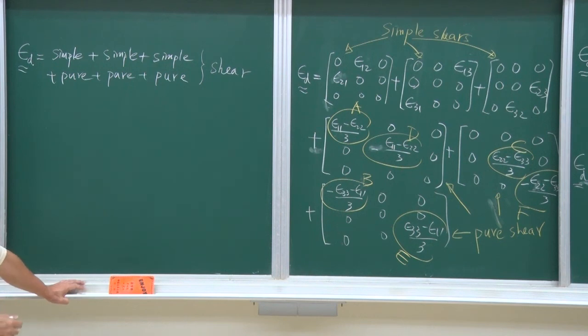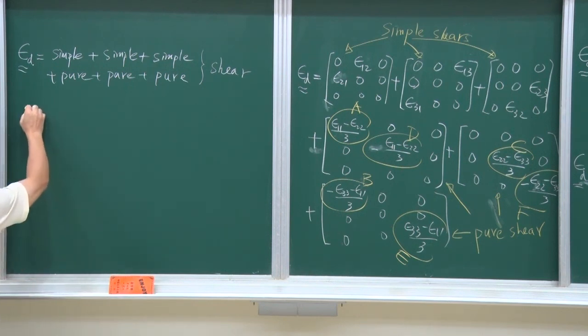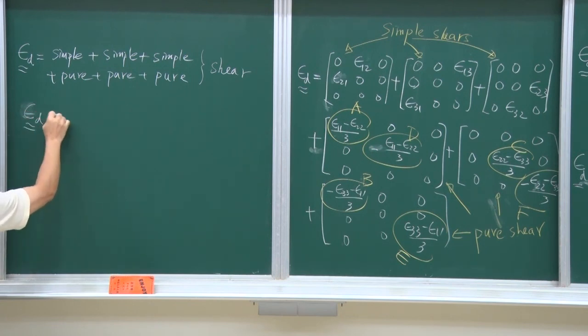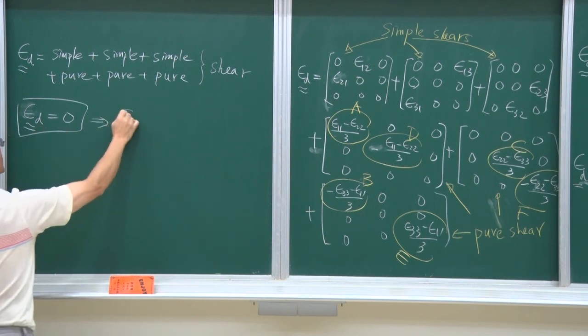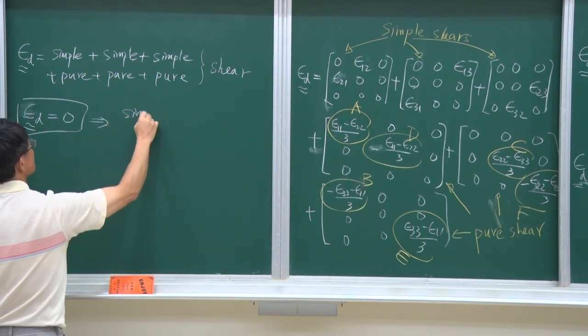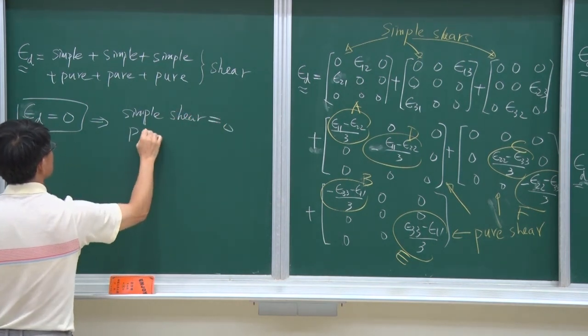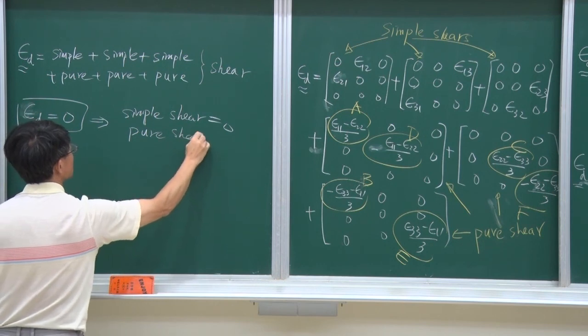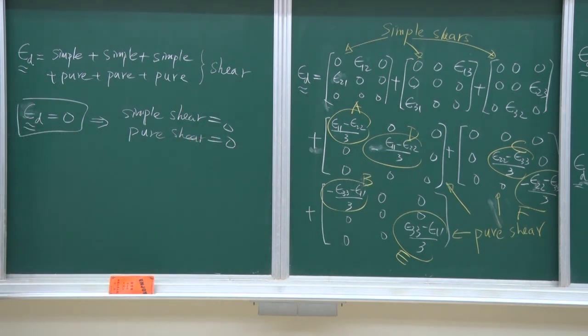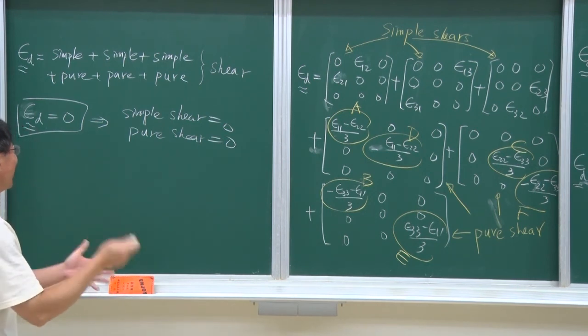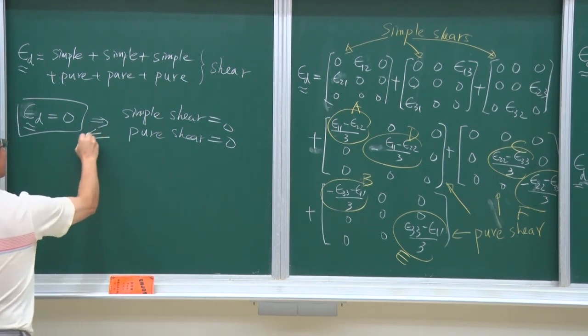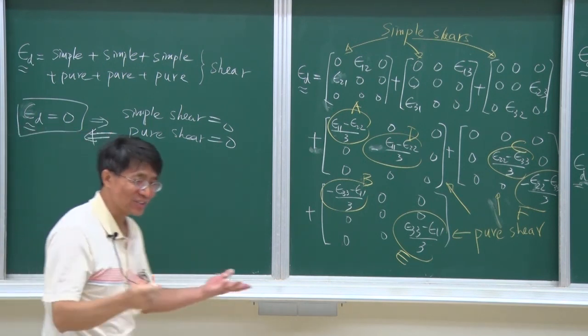You can see when this equals 0, all the simple shear equals 0, pure shear also equals 0. Okay. As a result, it can really represent all the shear.